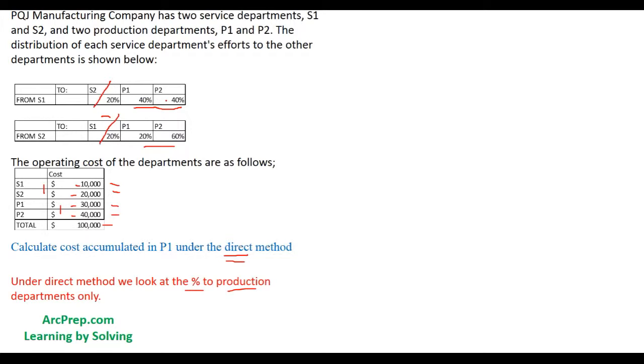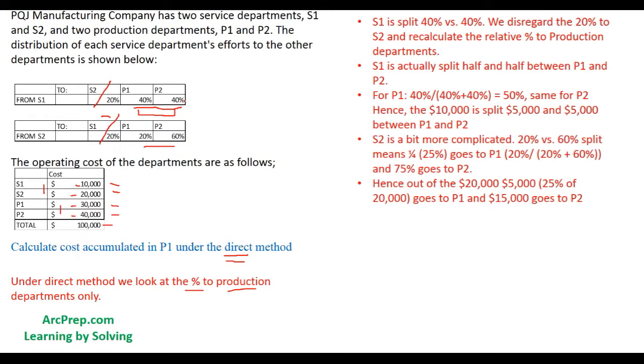A trick here where people get either confused or make mistakes is this doesn't add up to 100%, and it should. That's the idea. What we are doing is we are reallocating S2 costs. So I picked the numbers so that it makes more sense. 40%, 40% actually means 50-50 split between P1 and P2.